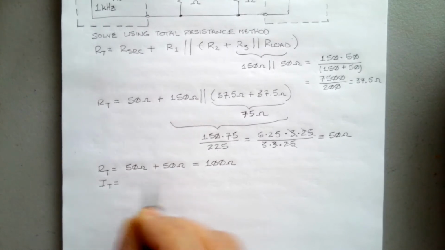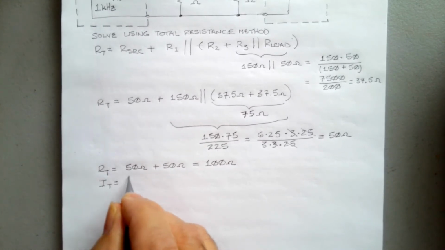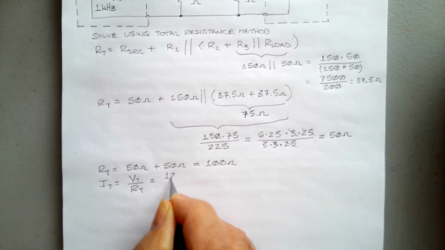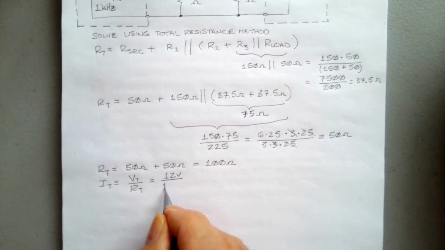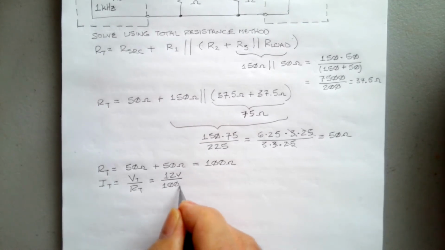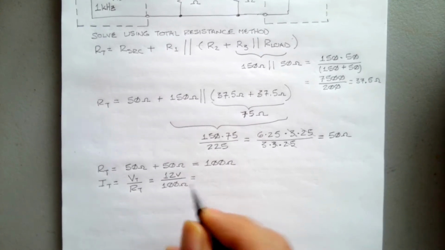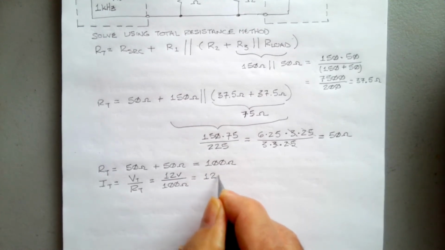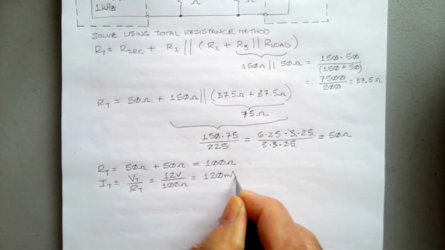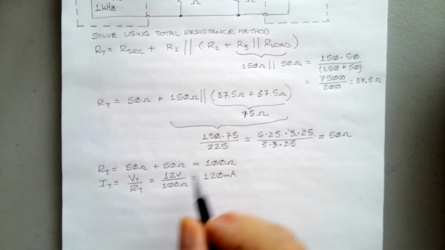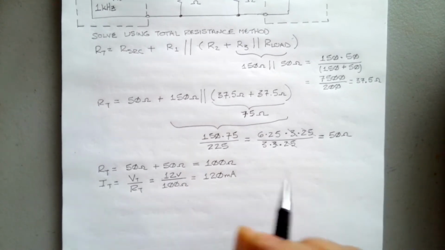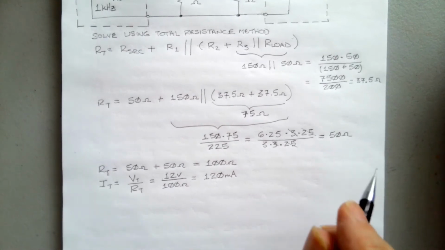The total current is going to be equal to total voltage divided by the total resistance, so it's going to be 12 volts divided by 100 ohms, which is going to equal 120 milliamperes, or 0.12 amps. As you divide this by 100, you see your decimal point is going to go like that. You're going to get 0.12 amps. That's the same as 120 milliamps.